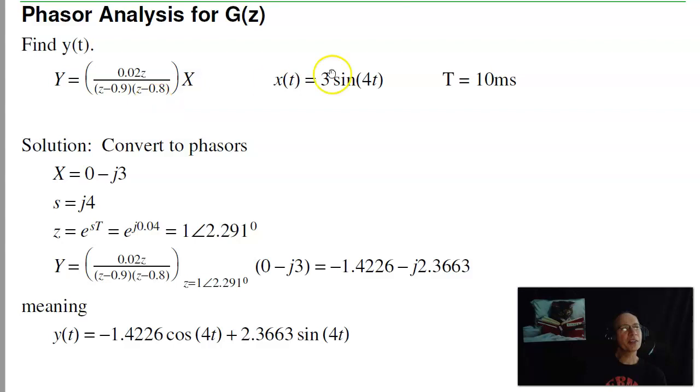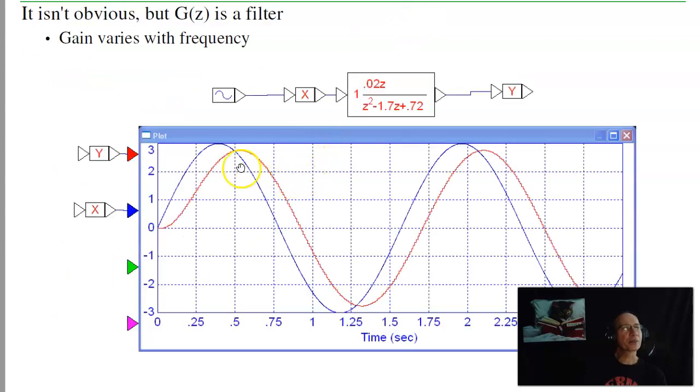It's not obvious this is a filter, but if you try it, say throw it in VisSim, here's my sine wave, there's my filter. The output is also a sine wave. These little stair steps you see, that's my sampling time. But the output has a phase shift, a delay, changes in amplitude. Phase shift and a change in amplitude is a complex number in polar form.